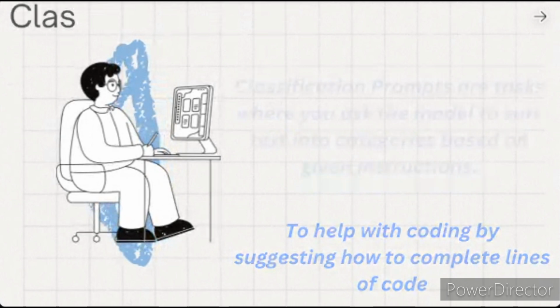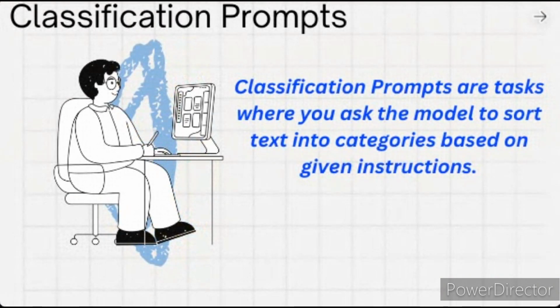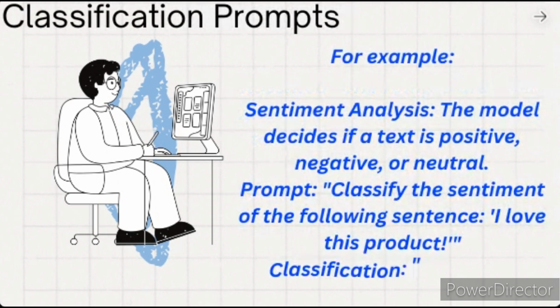Now, classification prompts. Classification prompts are tasks where you ask the model to sort text into categories based on the given instructions. For example, sentiment analysis. It might sound very complex, but trust me, it's going to all make sense in a moment.